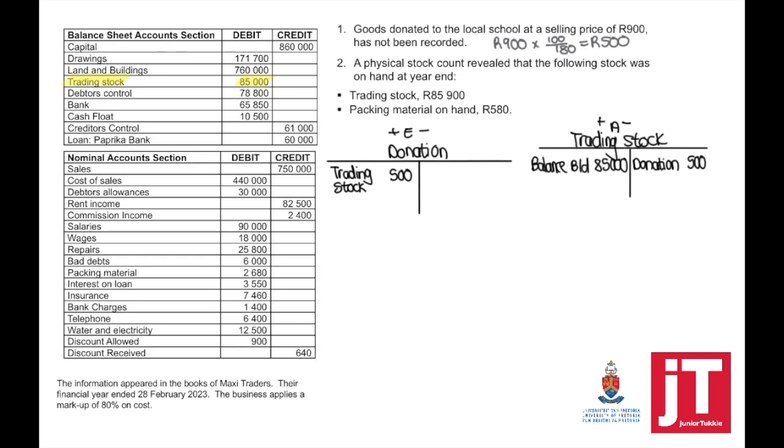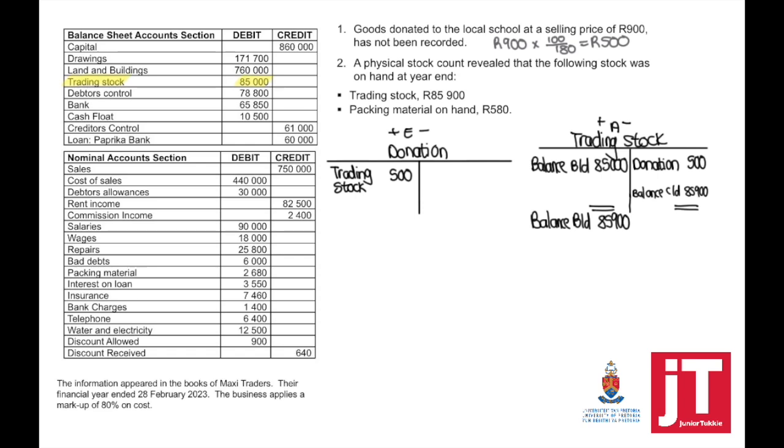So in order for us to solve this, I'm going to, with the trading stock account, indicate the physical stock count. We counted that we've got 85,900 left over. Balance brought down means balance carried down. Now just take the debit side and minus the credit side to see if there is a deficit or a surplus. If the credit side is more than the debit side, it means there's a trading stock surplus.